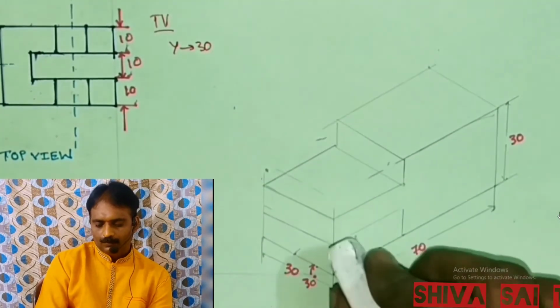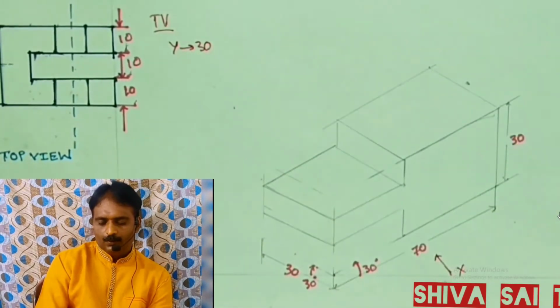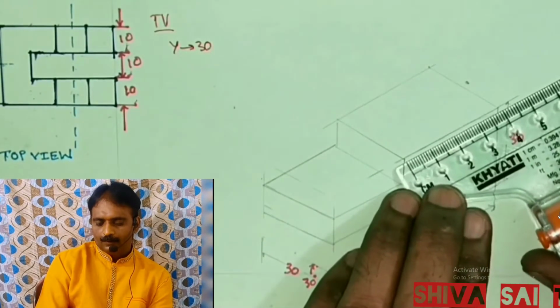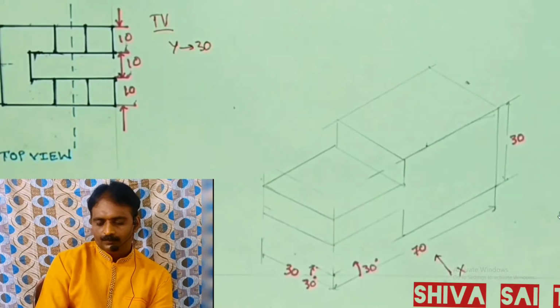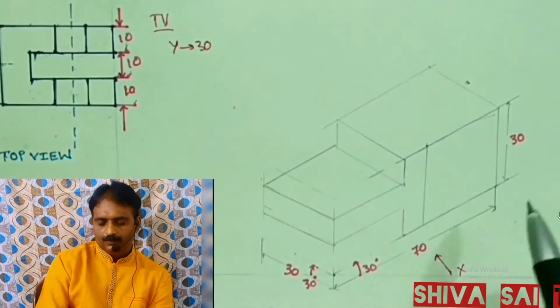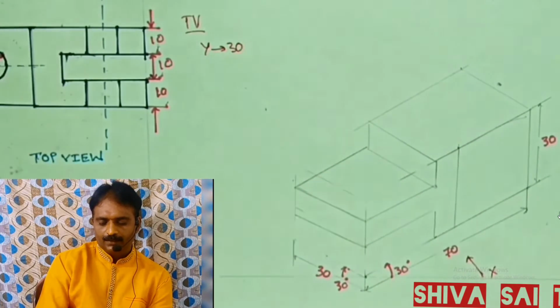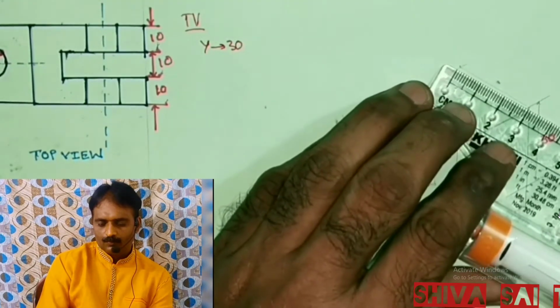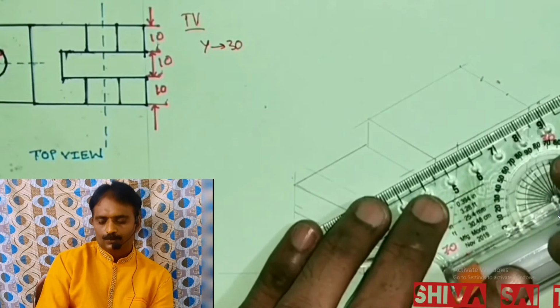So once we project the front view, we can remove the lines which are not required for us. Next, now let us come to the top view. This C section, let us try to project here, as per the lengths given in the top view.